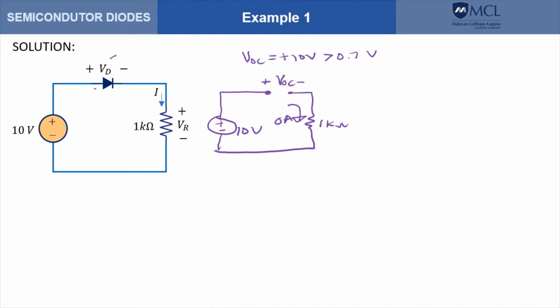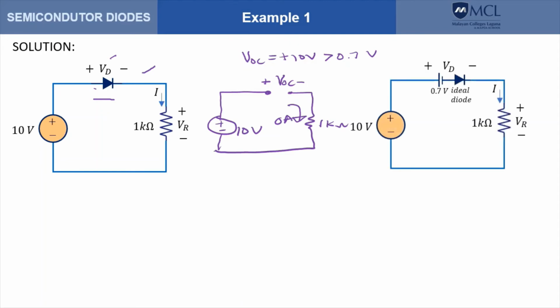Therefore we can replace the diode by a 0.7 volt source that is in series with an ideal diode.